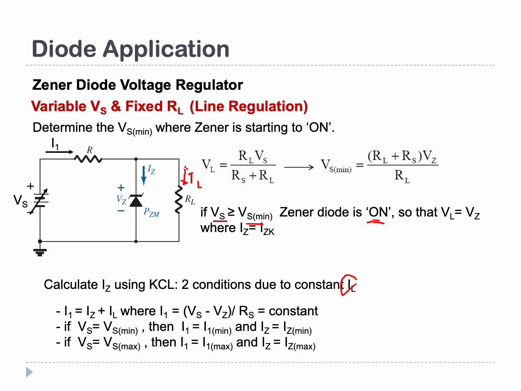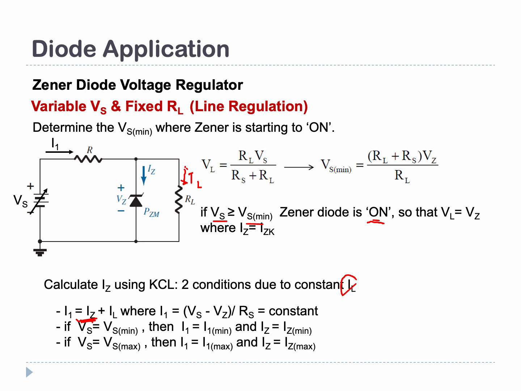So when your IL is constant, I1 equals IZ plus IL. This is because of the Kirchhoff current law here. Where I1 is equal to Vs minus Vz over Rs.